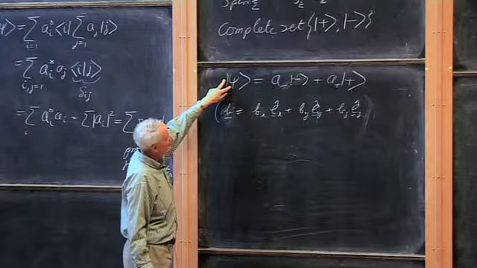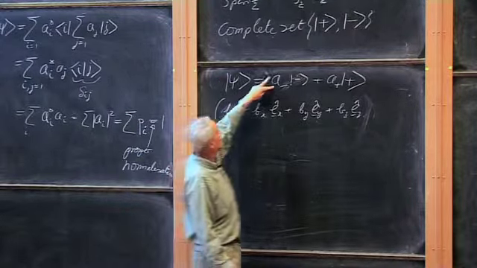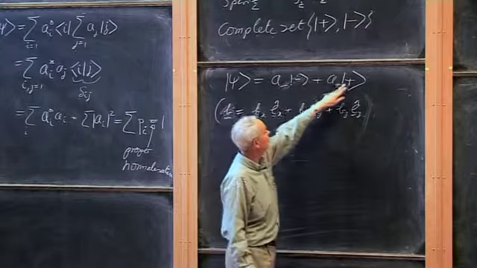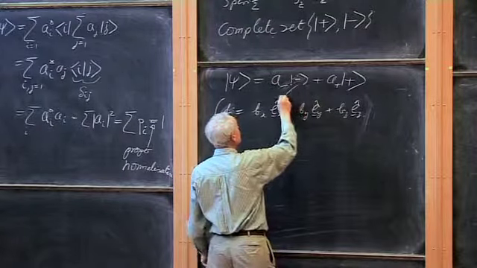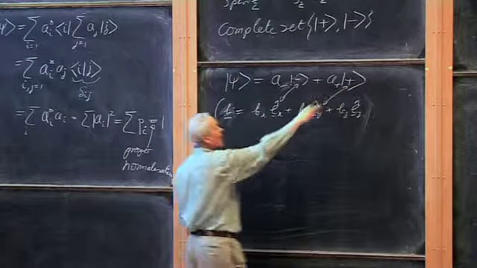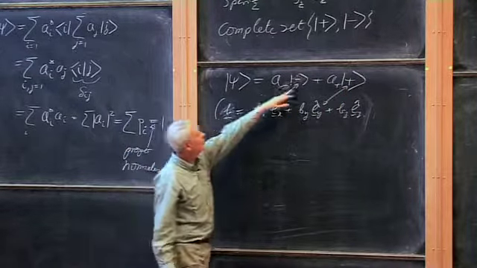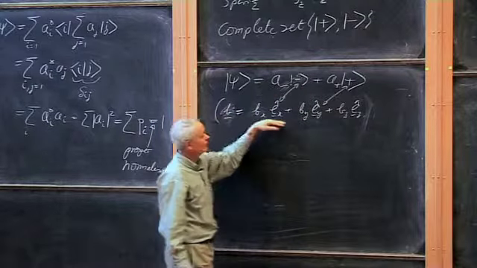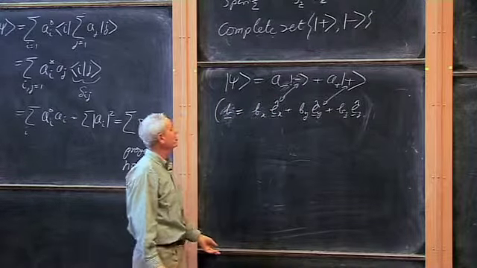So here I'm saying the state of our electron could be written as a linear combination of this basis vector and this basis vector. So these kind of map across here. But this is a simpler case insofar as I've only got two components, A minus and A plus, rather than three components. So that's the analogy.